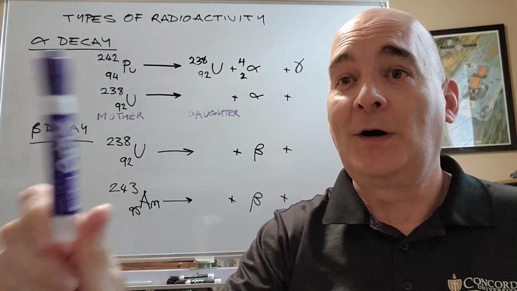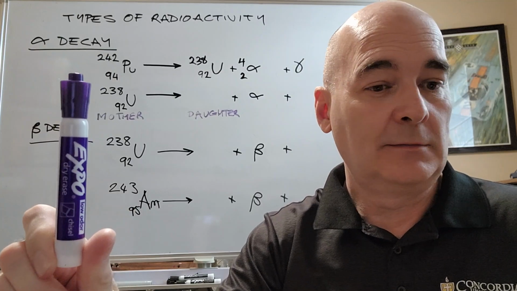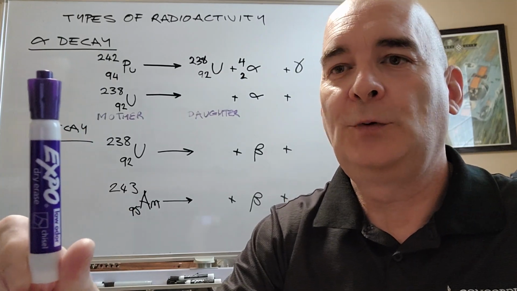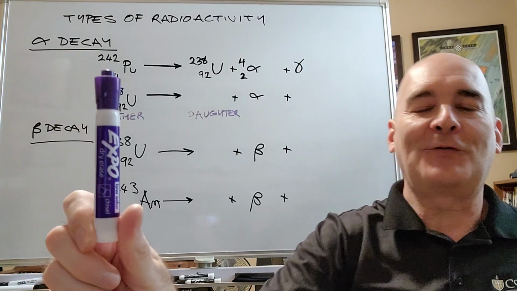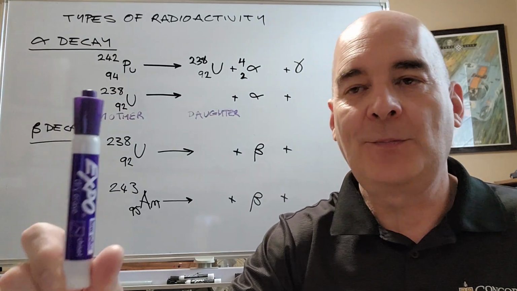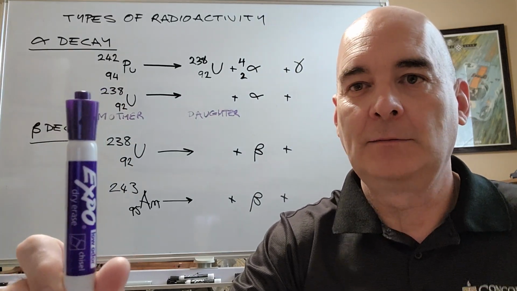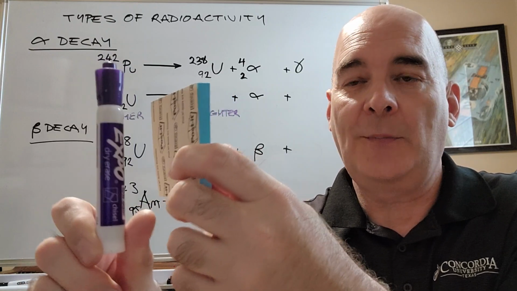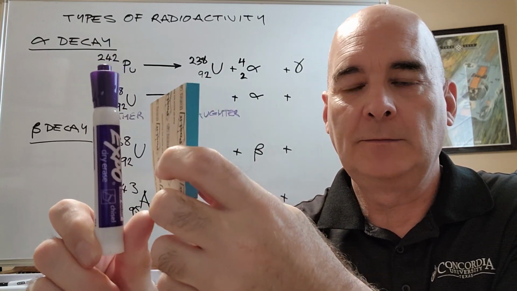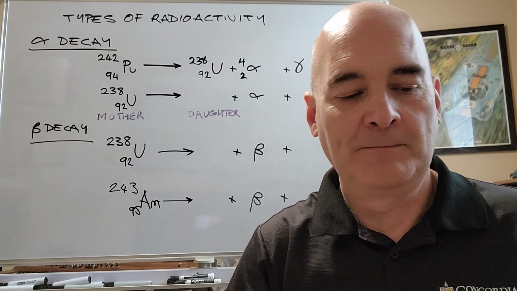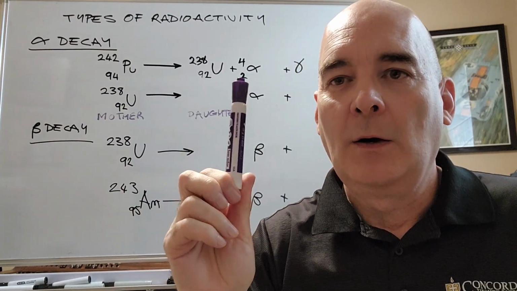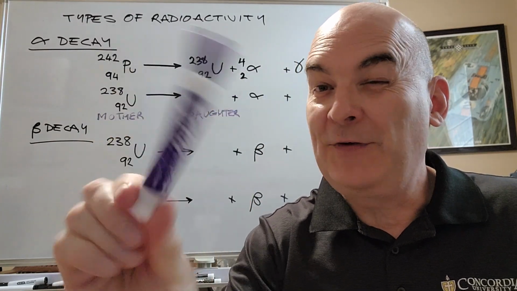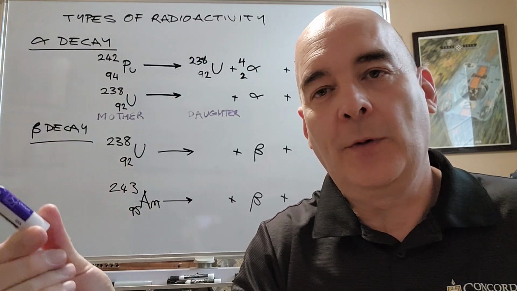So if this were an alpha emitter, I would just move myself away from it. And if I had to be in the presence of it, I would just put something in the way. And you can block alpha particles by a piece of cardboard. Okay. Now, if this is just a solid, then I'm okay.